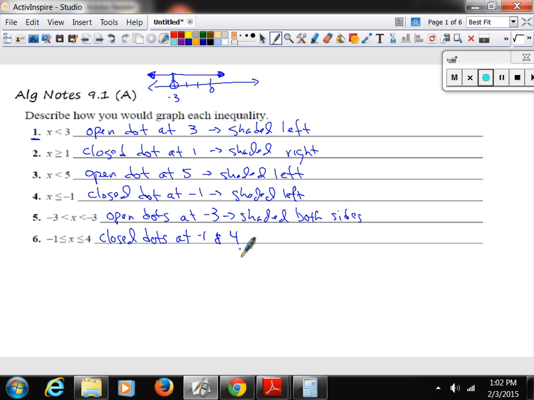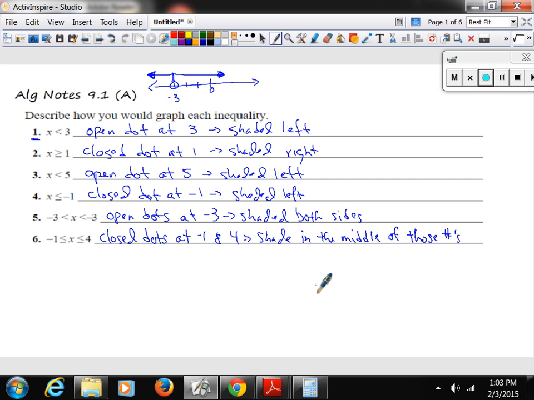It's going to be less than 4 and greater than -1. So you want to shade in the middle of those two numbers. Everything in the middle would be shaded.